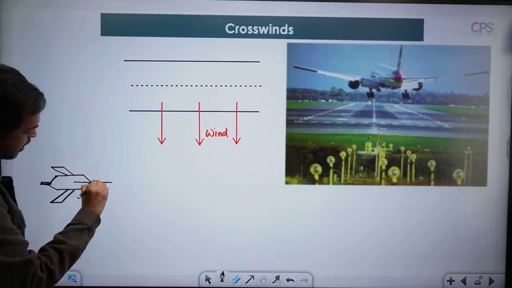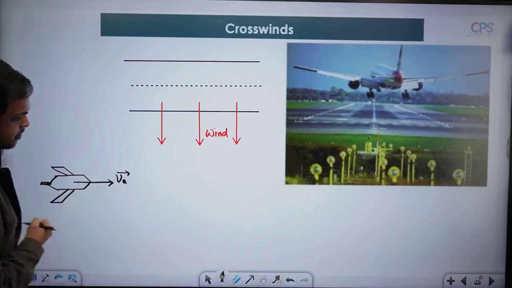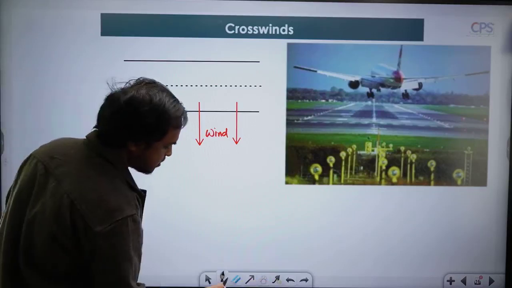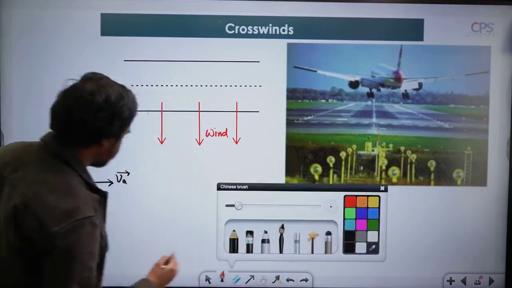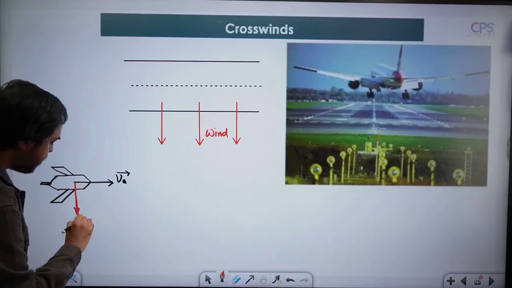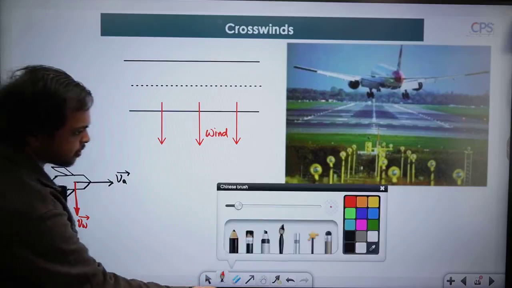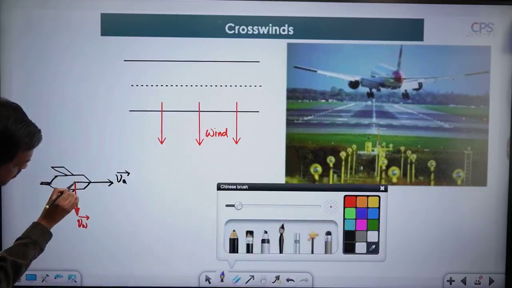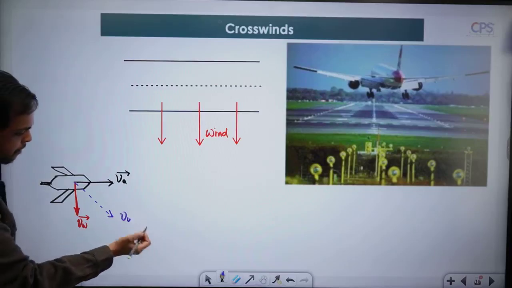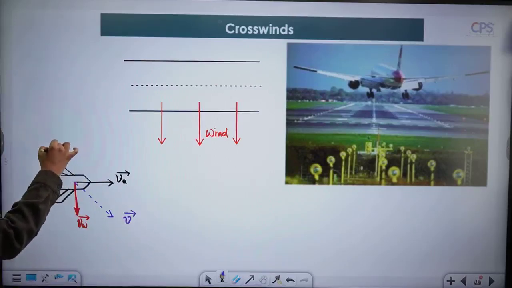The velocity of the aircraft is this way, but the wind is this way, so it won't follow this path. The wind will take it this way. And if the aircraft goes this way, it will have an accident. So this is the accidental case.